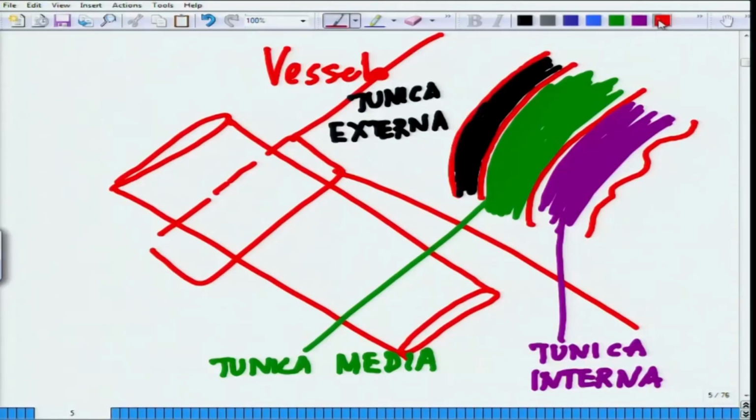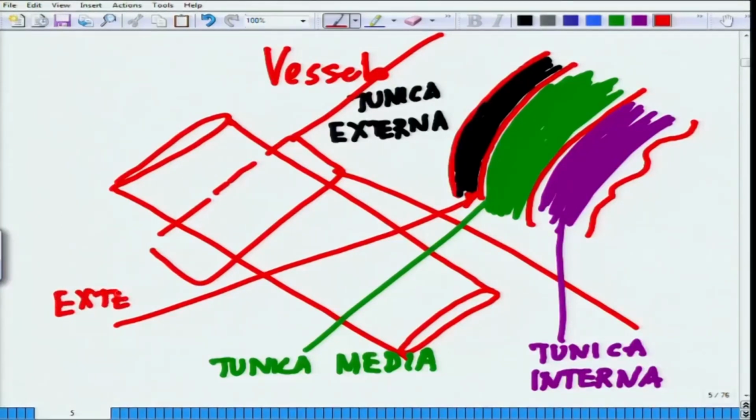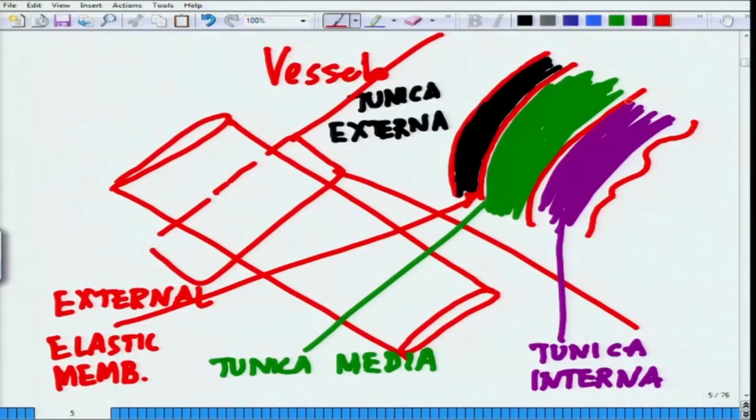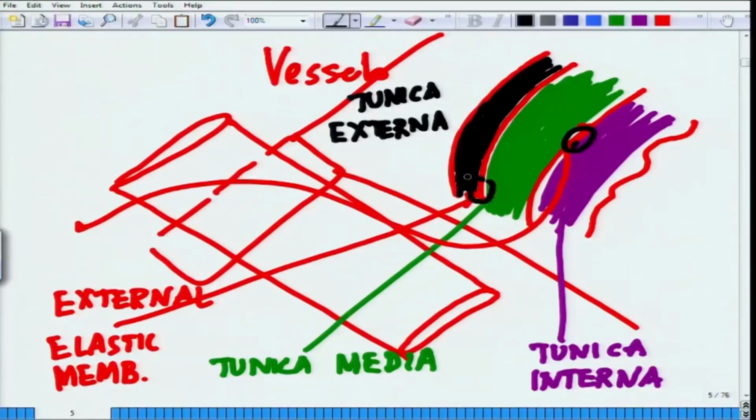Then within this, what you see here is called the external elastic membrane, and it varies between arteries and veins. External elastic membrane, this is one. Then you have the internal elastic membrane, which is this particular layer, let me just mark it. This is called the internal elastic membrane.